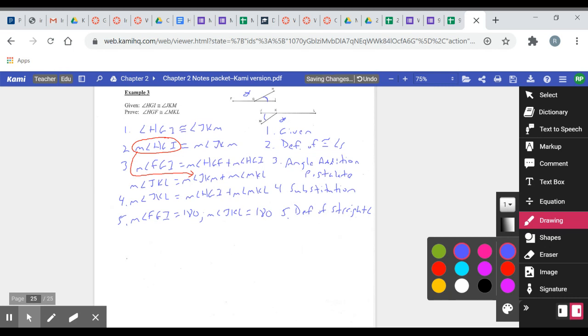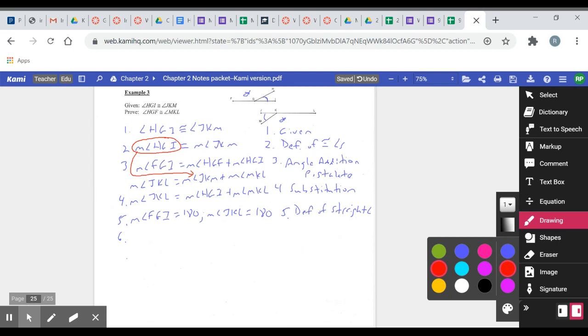Okay. I'm getting closer to being done. This is a longer one. On line 6, here's what we're going to do: I know that if these two angles are both equal to 180, then I know for sure that those two angles must be equal to each other.